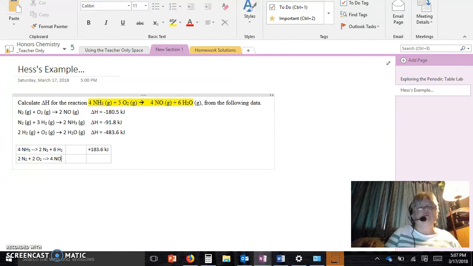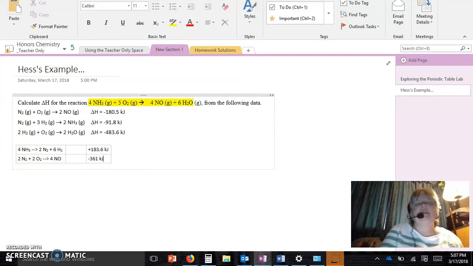So now I've got the 4 NOs that I'm going to need. I didn't flip this reaction, so I'm still going to keep it as negative. So that's going to be negative and I have to double 180.5. Now that doubling I can do in my head. I don't need my calculator for that. That's negative 361. So now I'm going to go down to my last reaction.